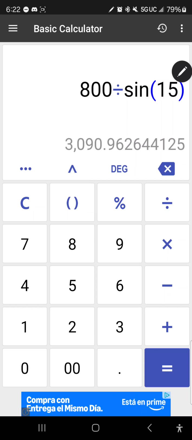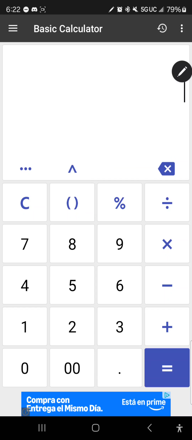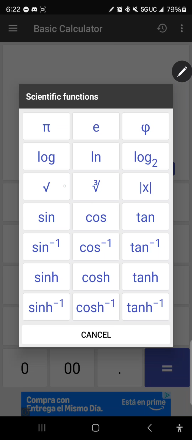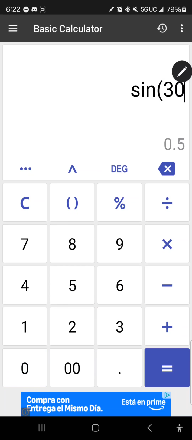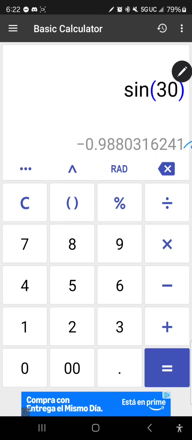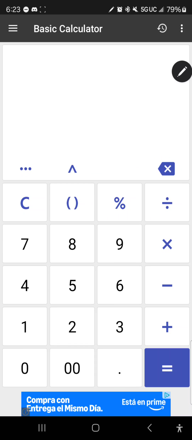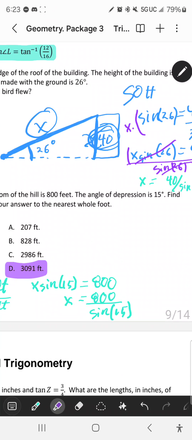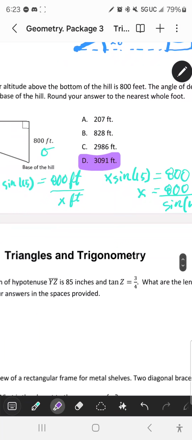So just be careful about that. One way to make sure is to put sine of 30, and it will be 0.5. If you're in radians, you get a weird number. So if you put sine of 30 and it's 0.5, you're working with degrees. Just a quick thing. The calculator must say it either way.